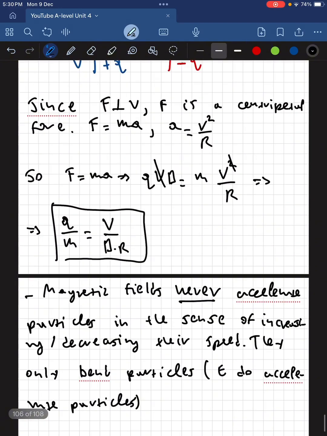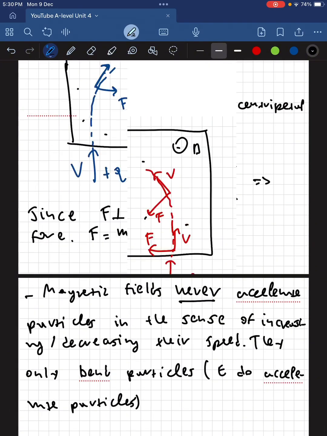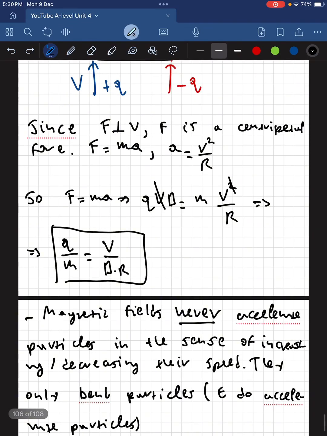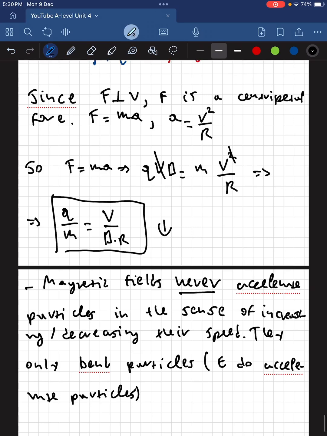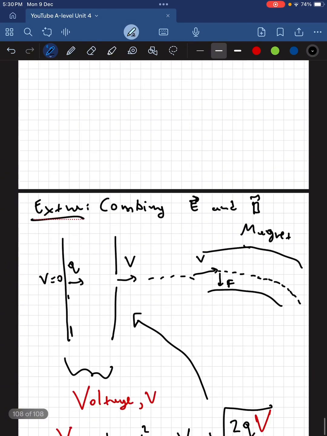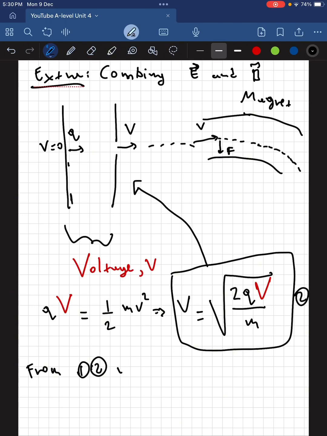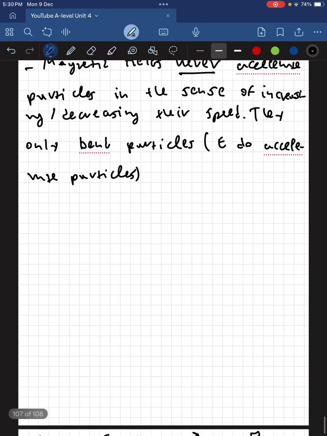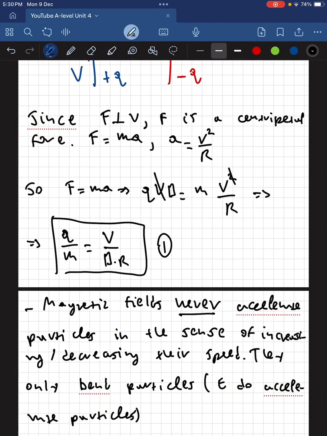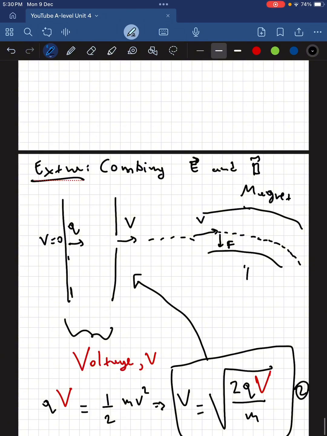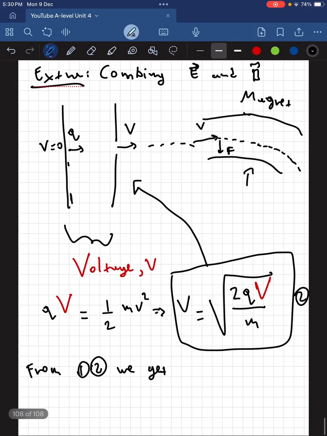So if we go back to this equation and name this equation 1, and this equation 2, okay, we find that from 1 and 2, and by the way, equation 2 applies when the particle enters this magnet, okay?